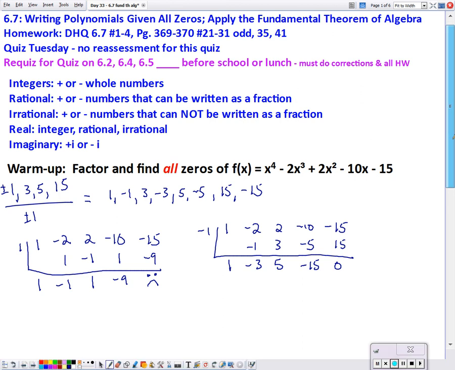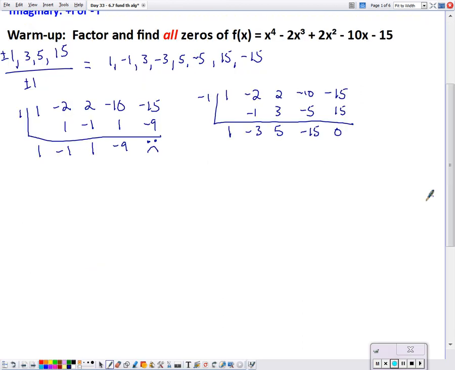So now we need to find the other zeros. We know right now from this that our polynomial will factor to x plus 1, because it's x minus k, times, now we've got these coefficients, 1, negative 3, 5, and negative 15. If you look at it this way, this is the remainder, this must be the constant, this must be x, x squared, and x cubed.